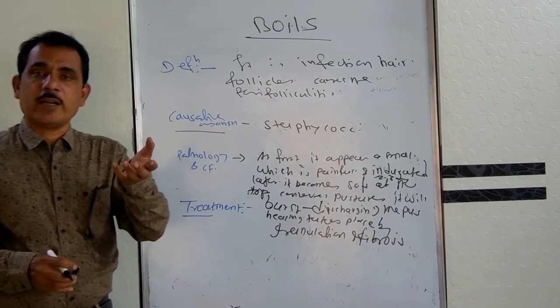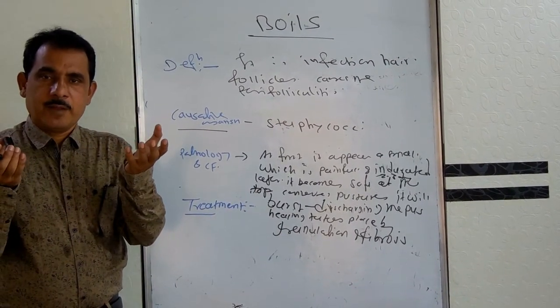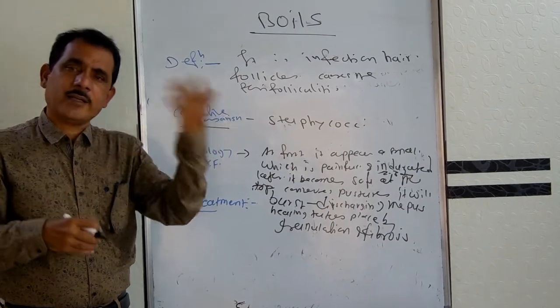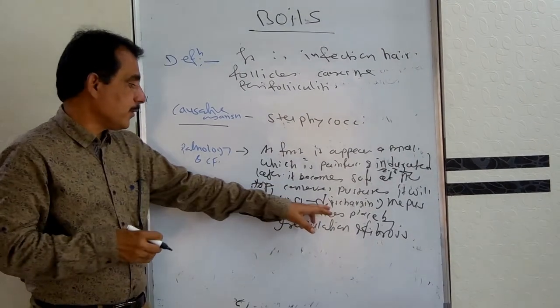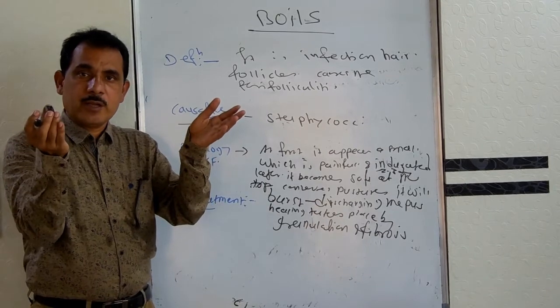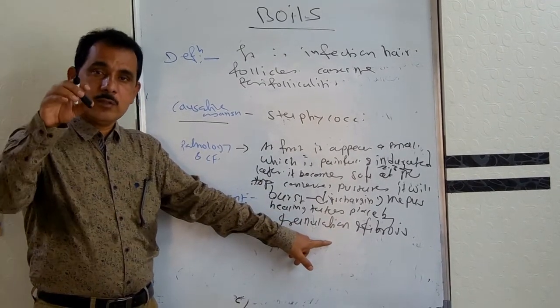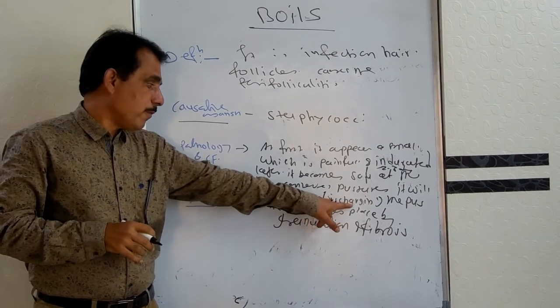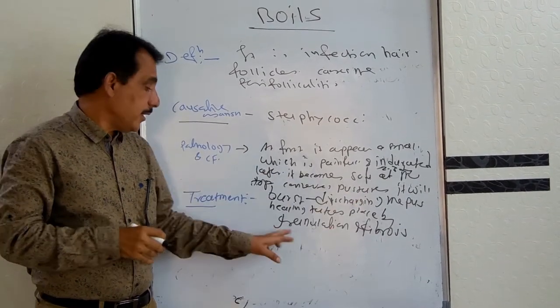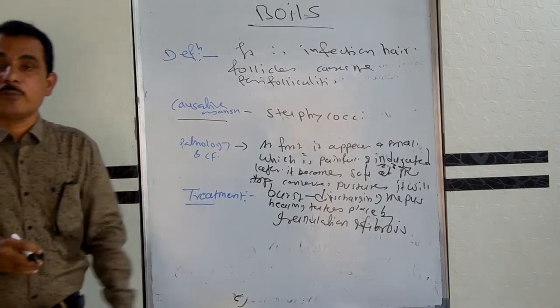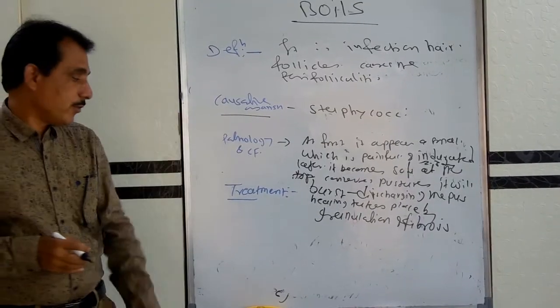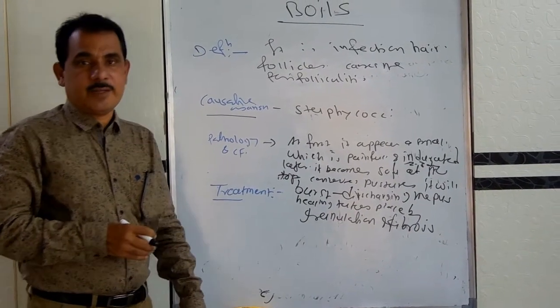Some burst open and there is a discharge of pus, followed by healing by granulation of the tissue, which becomes fibrosis, and healing takes place completely.